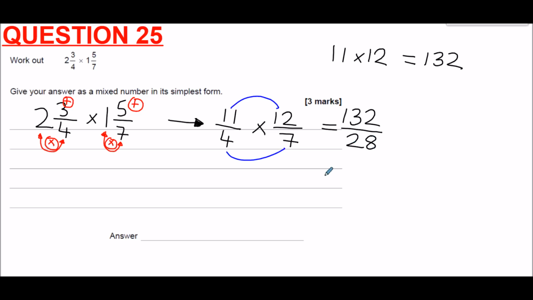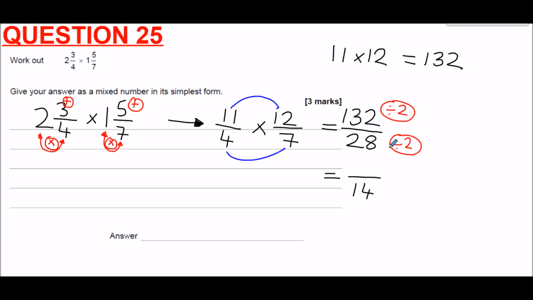Now, what we can do, because both these numbers are even, we can half the top and the bottom. So we can divide the top by 2 and divide the bottom number by 2. You can simplify down now or later, but I'd suggest simplifying down first if you can, to make sure you don't forget, if nothing else. So half of 28 is 14.